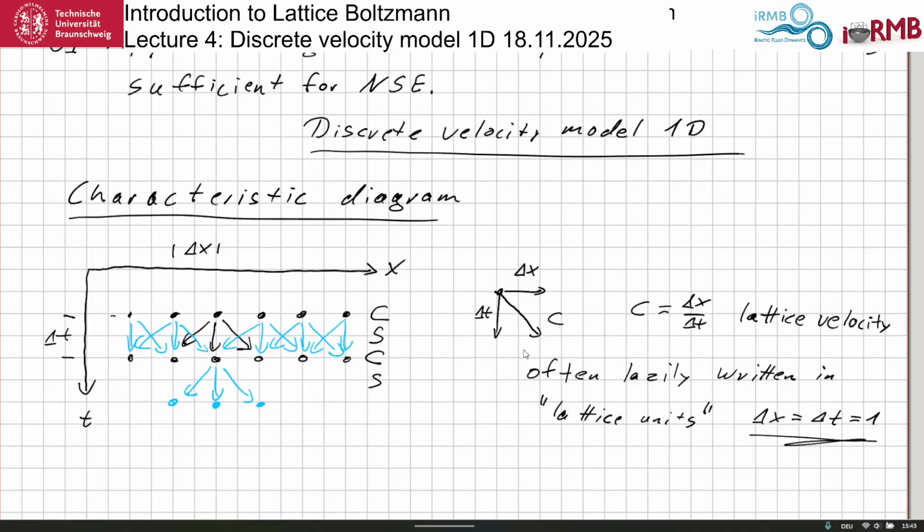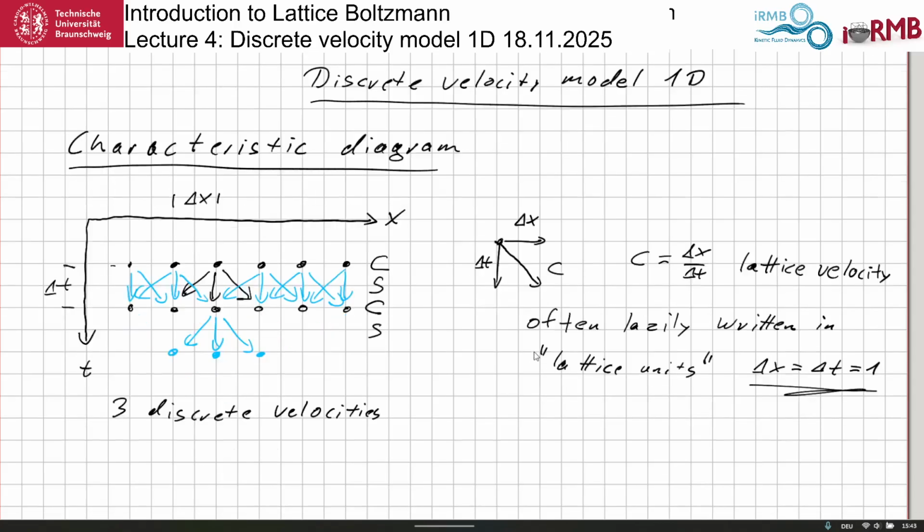And we do this in this case for 3 discrete velocities. So our velocity, now I call this xi, is i times c, so c is delta x by delta t. This is the unit velocity in our lattice.